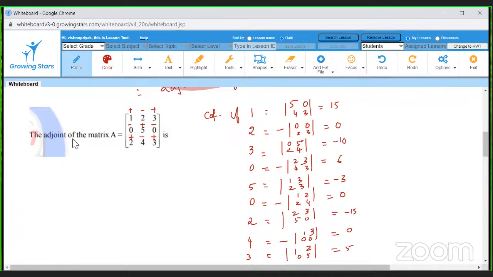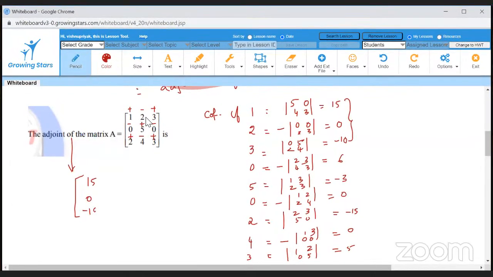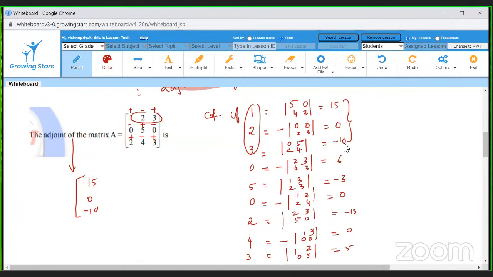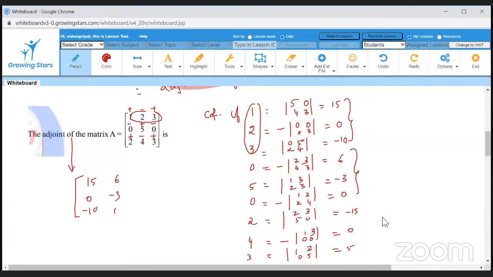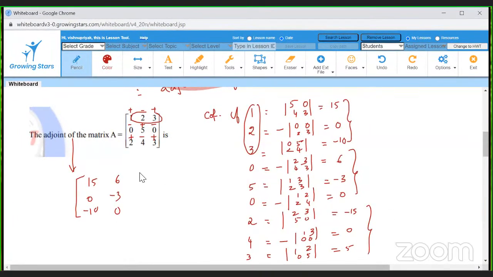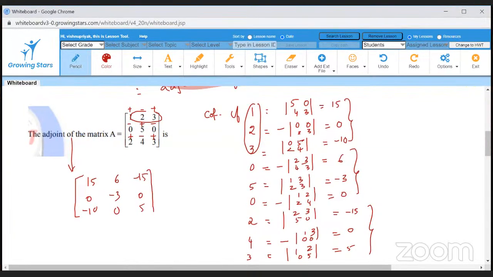Now, if you want to write the adjoint of the matrix, the first 3 you will write as a column. You have taken 1, 2, 3 as rows, but the cofactors you will write as columns. The next 3, again second column. The last 3, third column.